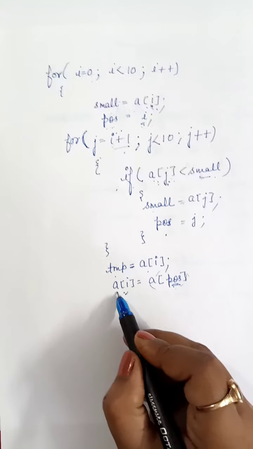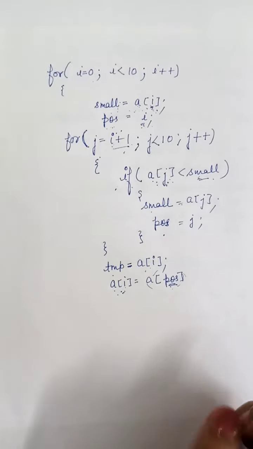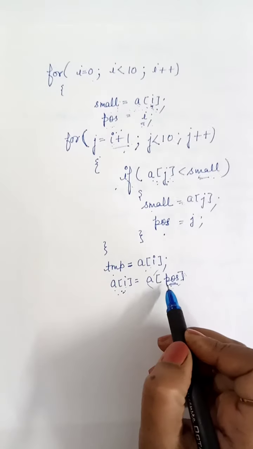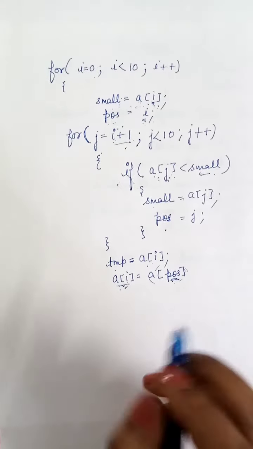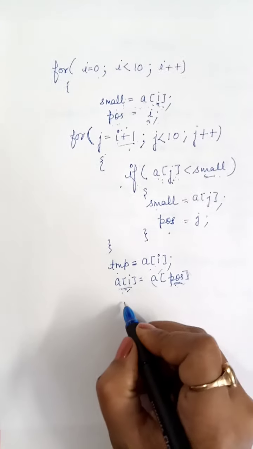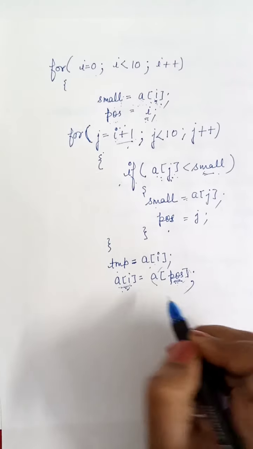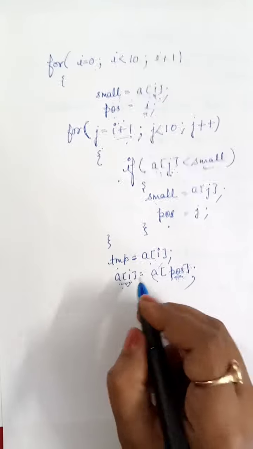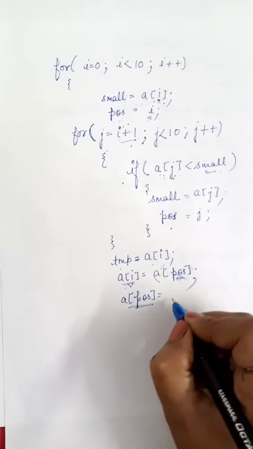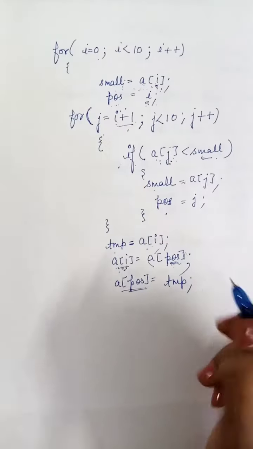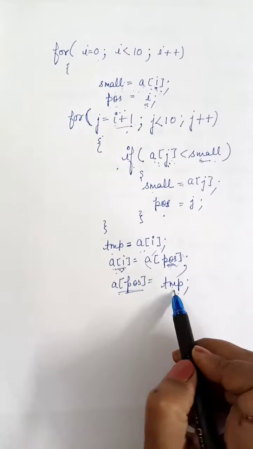And the value of A of I, we have to interchange the values. The smallest we are keeping at this position and the value of this we have to keep at the place of smallest. So A POS will be in A of I, and in A POS, at the position of the smallest element, we have to store the value of A of I, that is within temp.